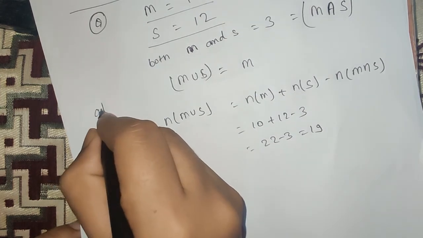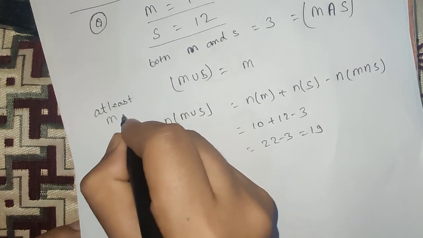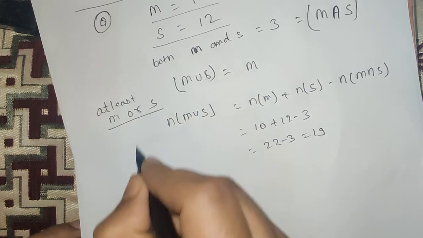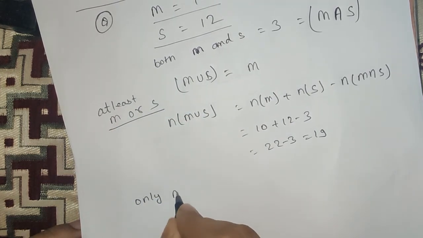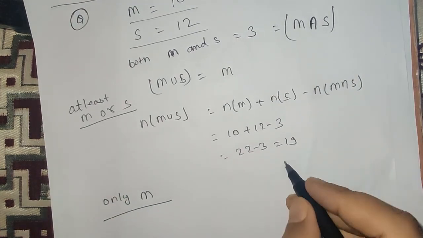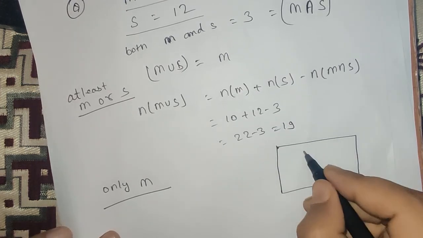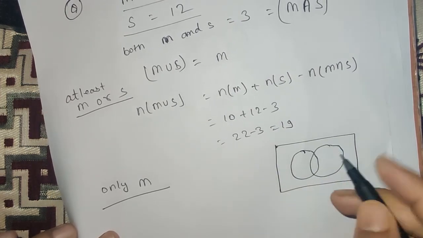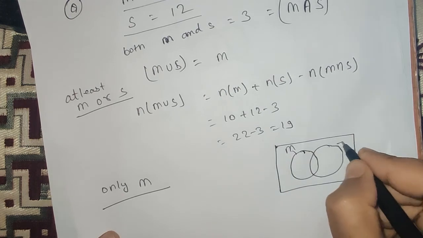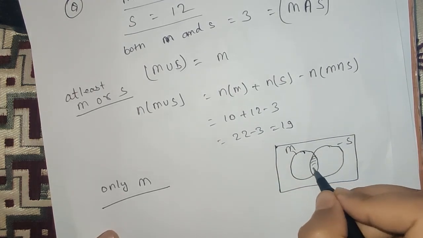So this was at least math or science, and now only math. Now comes the picture of the Venn diagram, and you will see how important the Venn diagram is. This is math, this is science, and this is both math and science.